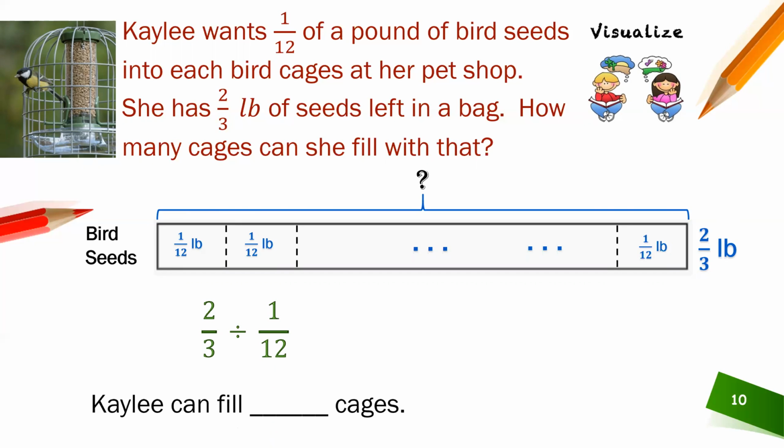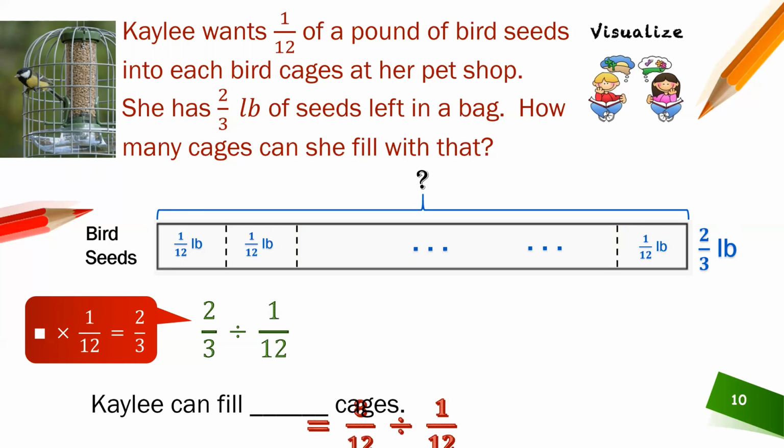Well, based on what we have seen previously, if we have a common denominator, then we can do it. Or we can think blank, how many groups of 1/12 are there in 2/3? Well, it's kind of hard to see with the denominators not being the same, and that's your motivation. Let's put the 2/3 as 8/12, right?